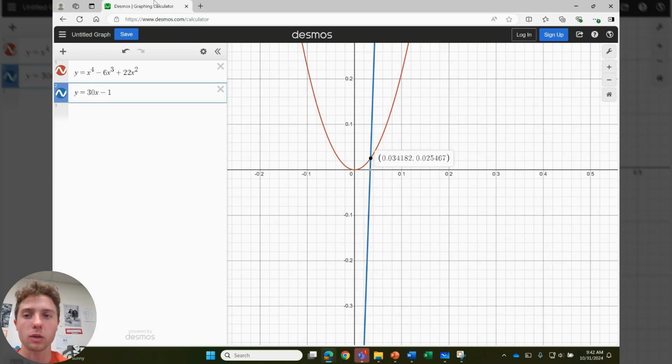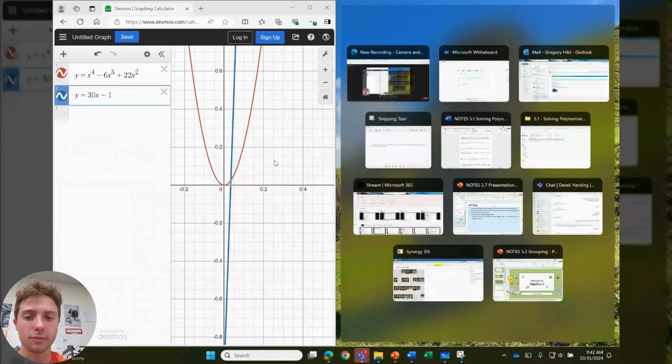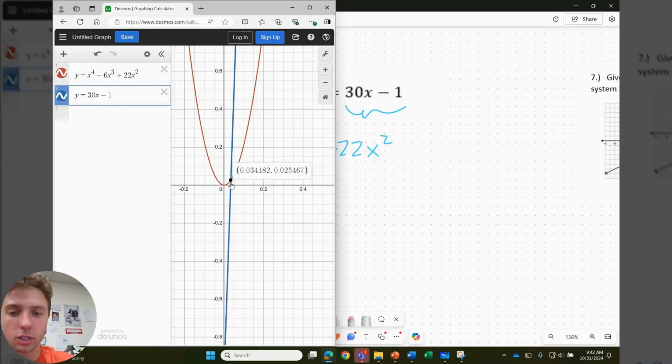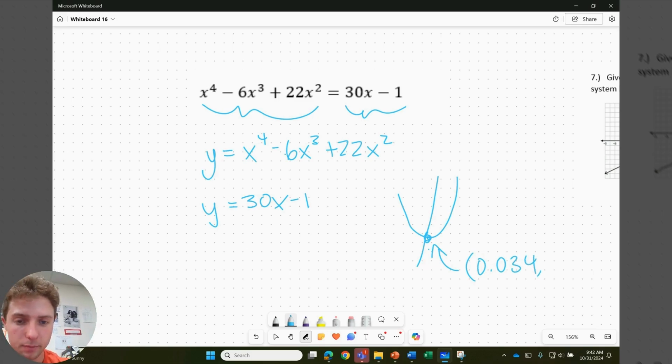That is our solution. But we don't care about both of those values. We really only care about one of them. Let's talk about that in just a moment. So we have 0.034 roughly. My graph looks something like this. We saw that the solution is right here at 0.034, comma, whatever.